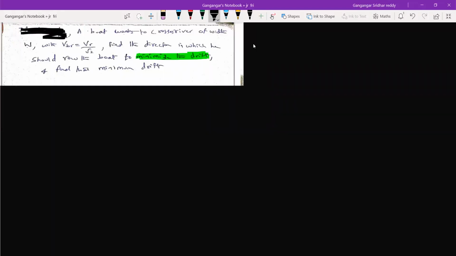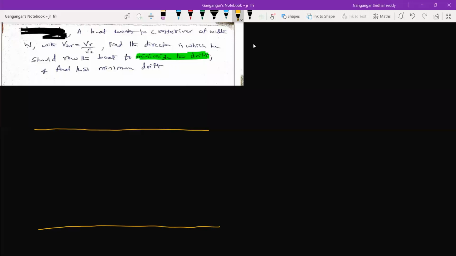Okay, now. A boat wants to cross a river of width W with VBR equal to VR by root 2. Find the direction in which he should row the boat to minimize the drift, and find that minimum drift. It's also a very good problem. So what is the basic condition? You can ask, sir, he didn't say anything about the direction in which he should row the boat.